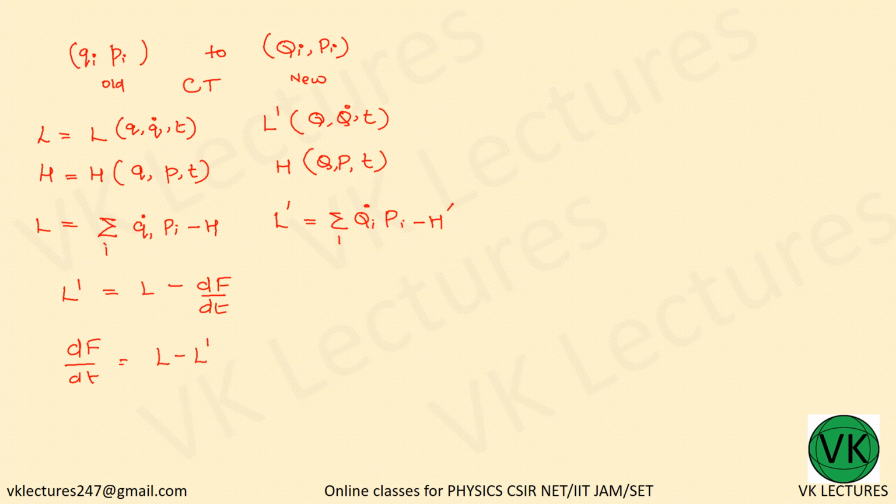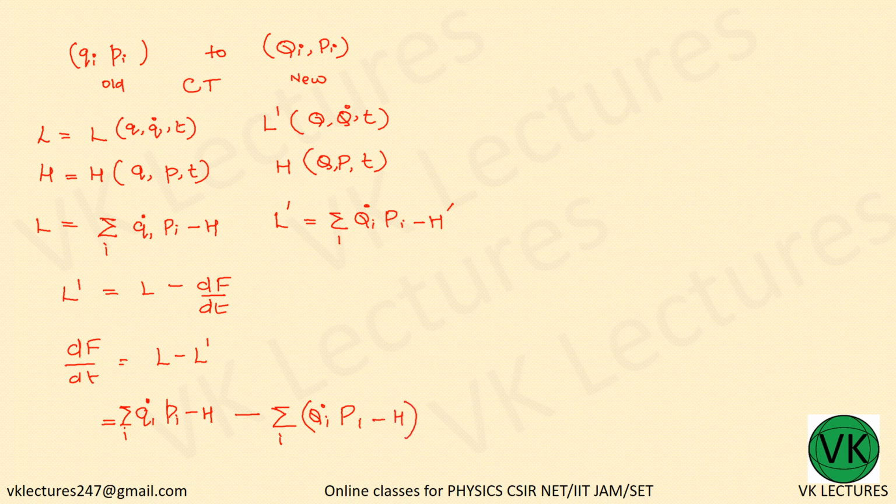Substituting L and L dash here, we get the sum over i of qi dot pi minus h, minus the sum over i of capital Qi dot capital Pi minus h dash.